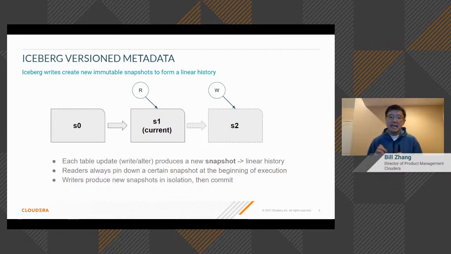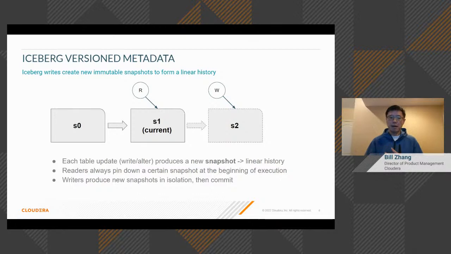This enables an open architecture and the flexibility to change the system over time without disruption to users or existing workloads. Since the historical state is immutable, and this is very important, it's immutable, the history lineage is clear. Users can query a prior state at any Iceberg snapshot or any historical point in time for consistent results.